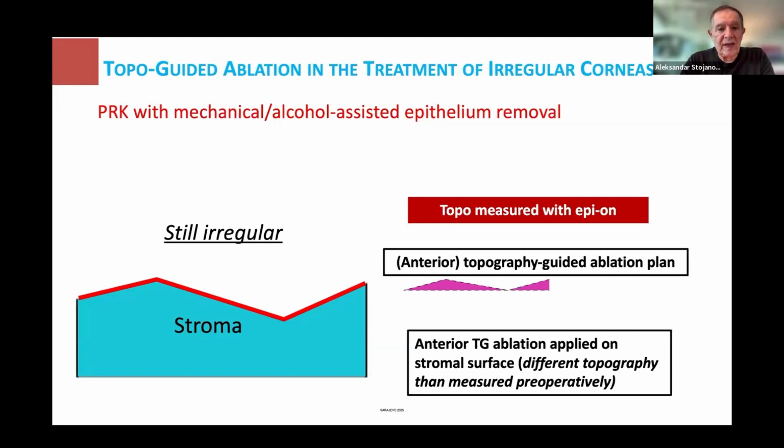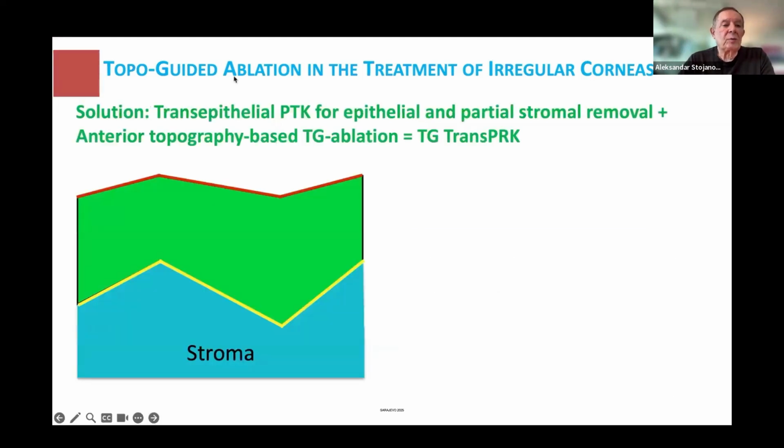So what could we do then? Our solution would be transepithelial PTK for epithelial and partial stromal removal, plus anterior topography-based topo-guided ablation, which nowadays is very prevalent in most of the lasers as topo-guided transepithelial PRK.